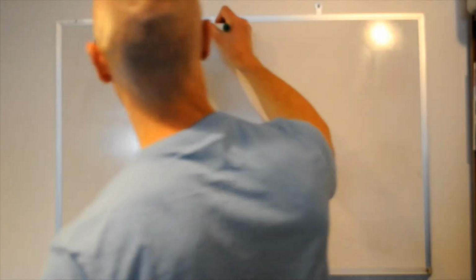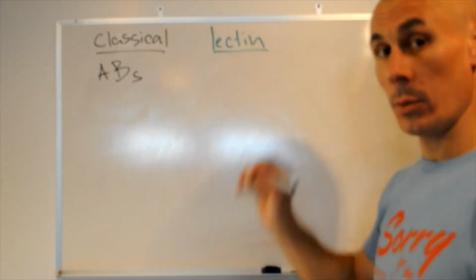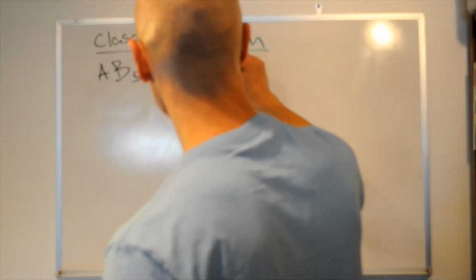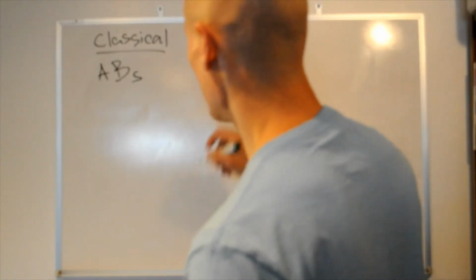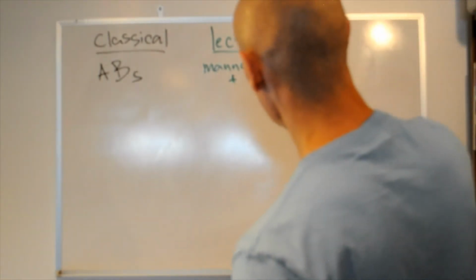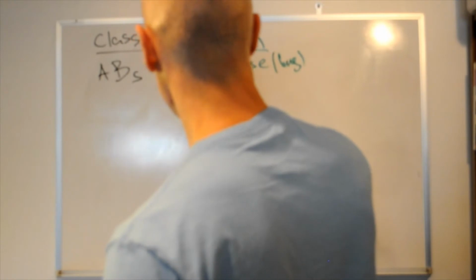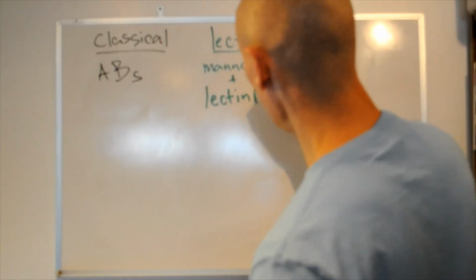Then you have the lectin pathway. For the lectin pathway, the main stimulus is the mannose sugar on the surface of microorganisms, so that's the bug, that binds to the molecules of lectin on the tissue.